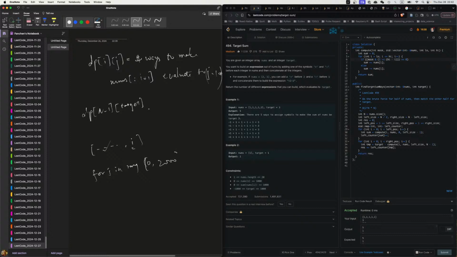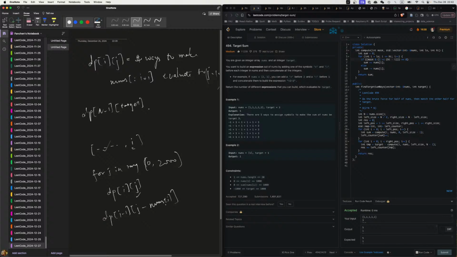Right, for this j, now we need to say what's dp[i][j], because I know what j is. So look to dp[i minus 1][j minus nums[i]], because it's the previous, and it's going to be j minus this, we know how many it is.